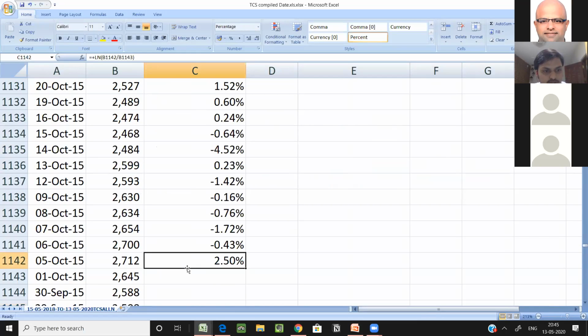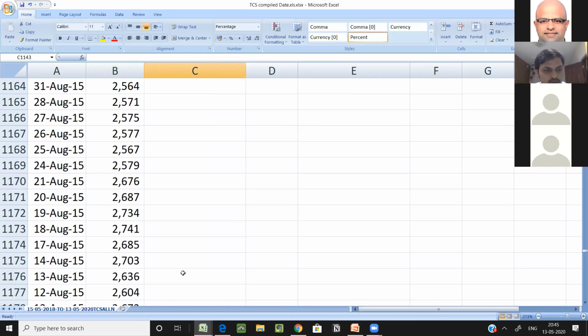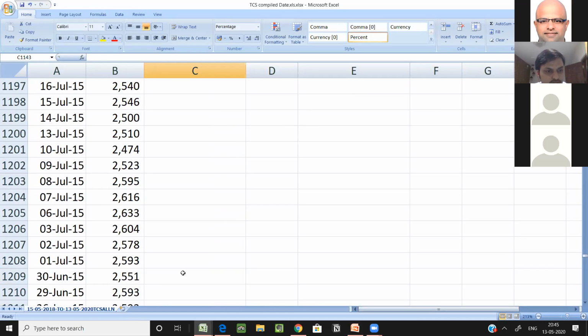So we stopped at 1st October 2015. So 1st April 2015 should be our 5 years data.